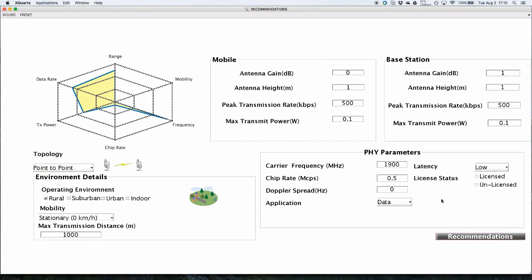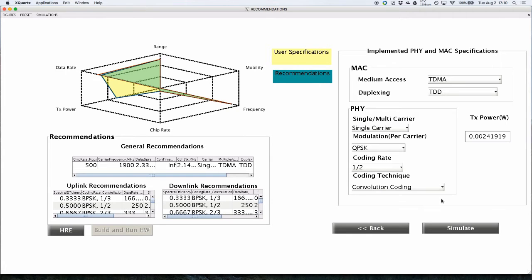The protocol recommendation engine provides a set of modulation schemes. Here we're specifying the medium access and the duplexing for the communication system. Because the link had very little delay spread, it recommended a single carrier system. We can now start the simulation.